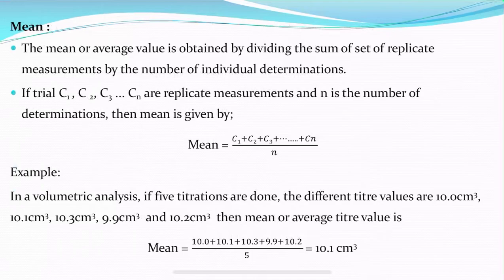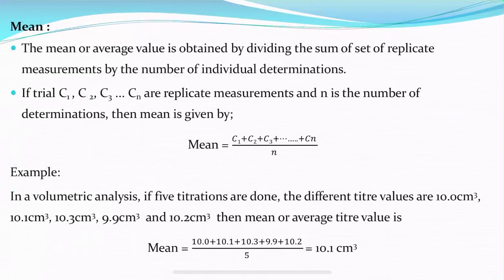Some of the important terms used are, first, the mean. Let us understand what the mean is and how we calculate it. The mean is also called the average value. The mean is obtained by dividing the sum of a set of replicate measurements by the number of individual determinations.